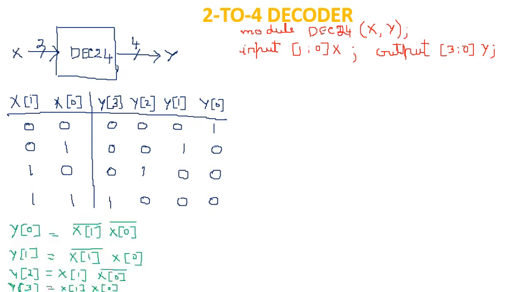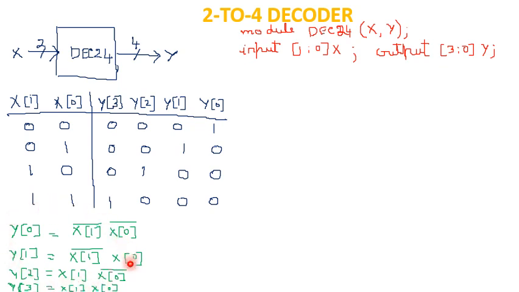From the truth table, I can write the expressions for the output signals. Y0 is active only for this combination, that is x1 bar and x0 bar. Y1 for x1 bar x0. Y2 for x1 x0 bar, and y3 for x1 x0.